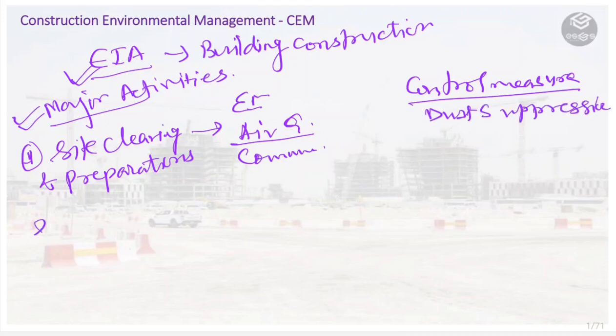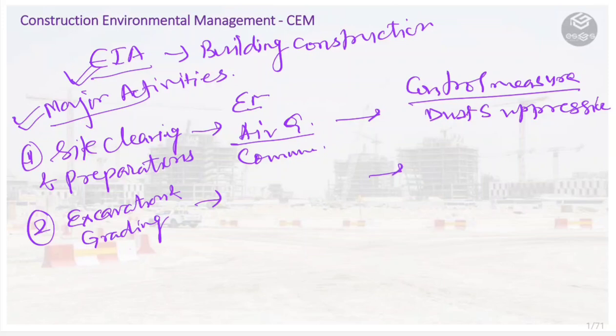Then we talk about the next activity, which is excavation and grading. What can be the environmental impact for this activity? Soil erosion can happen and also potential groundwater contamination may arise.